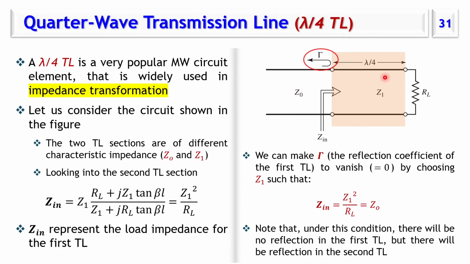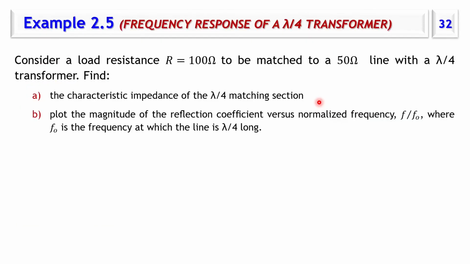So this is sometimes called lambda by 4 matching transmission line, or lambda by 4 impedance transformation. Why? Because for lambda by 4, if RL is real, the input impedance would be real, and we can use the choice of Z1 to achieve matching. So this is a very common practice in microwave engineering.